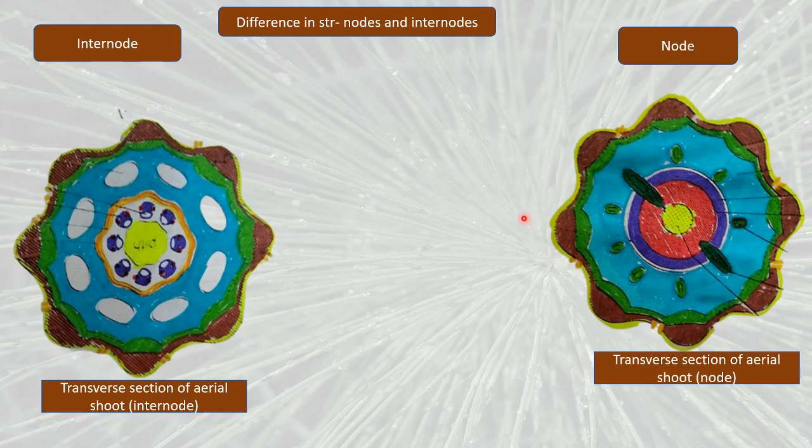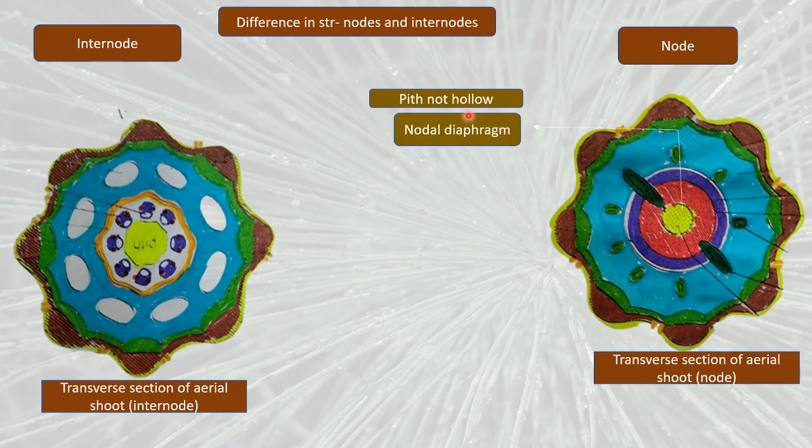So I am going to make you understand what is present in the node. The thing to understand here is that the pith present in the node is not hollow. If you remember, I told you that the internodes are hollow because of the presence of all these canals and because of the presence of a large pith. The internode is hollow, but here the pith is not hollow.